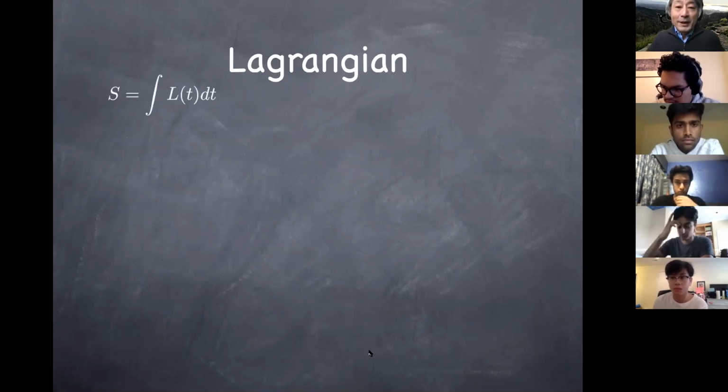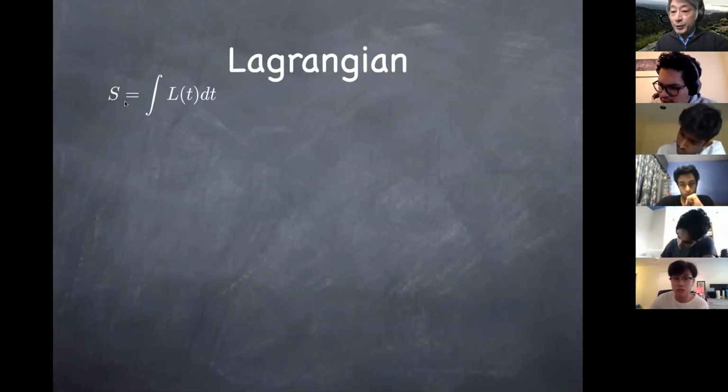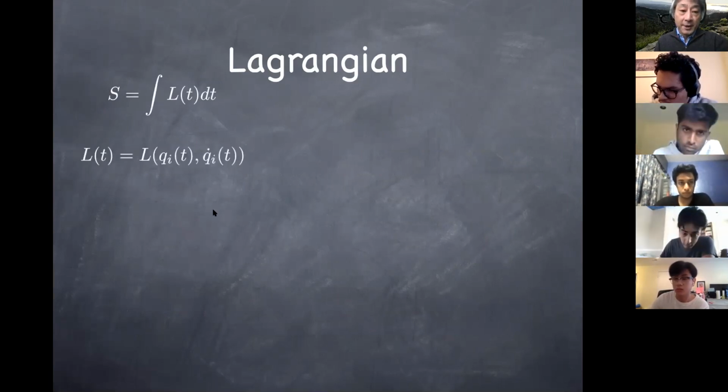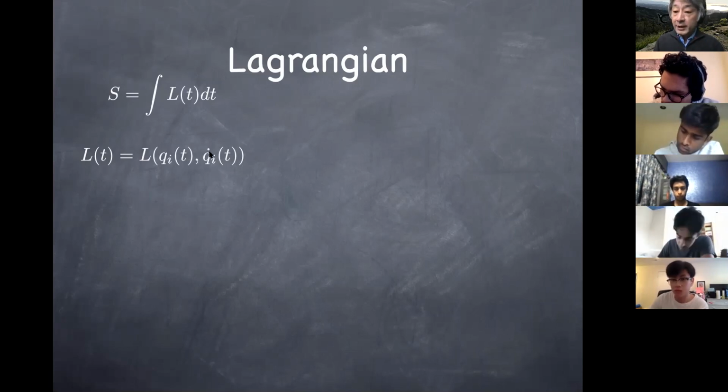All right, so the Lagrangian, as I said, is something that's supposed to give you the action of the system. As I believe you all know, the action is a time integral of the Lagrangian. The Lagrangian is supposed to be a function of the canonical coordinate q_i and its time derivative. For the canonical formulation, it doesn't contain double time derivatives, third time derivatives, and so on.